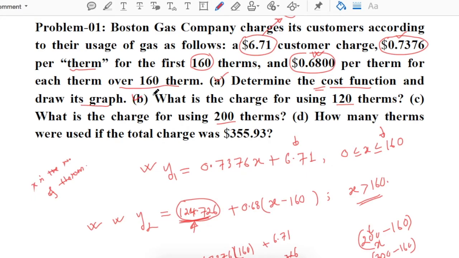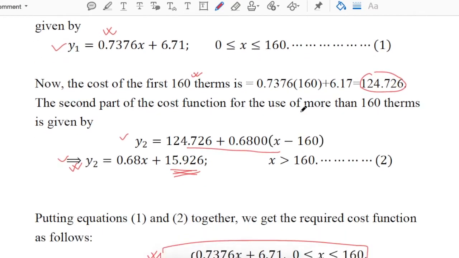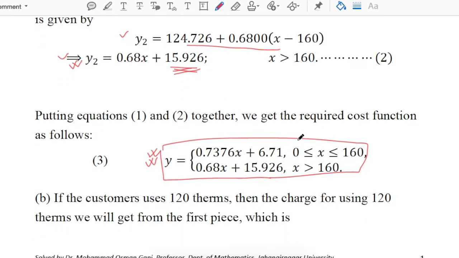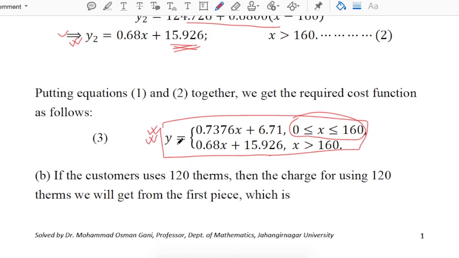what is the total charge for using 120 therms? And 120 therms is within your first range, within your first piece. So you need to put 120 in the first part, y equal 0.7376 into 120 plus 6.71.